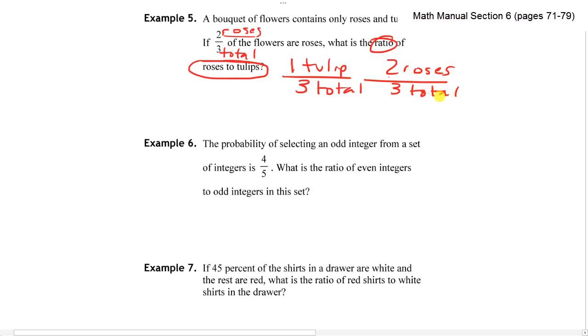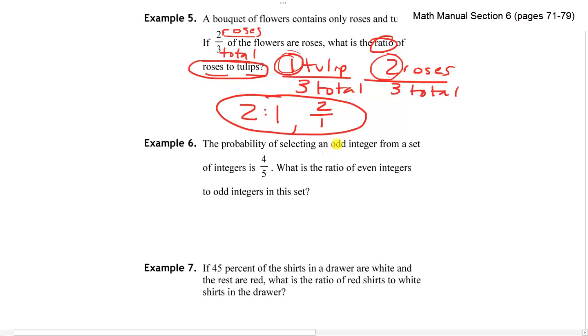And if there's only roses and tulips, well, there's 1 more flower, and that 1 more flower must be a tulip. So 1 tulip out of 3 total. They want the ratio of roses to tulips, so it's just this 2, which is roses, to this 1, which is tulips. So our ratio is 2 to 1, or 2 over 1. However you want to write it, that is our ratio.